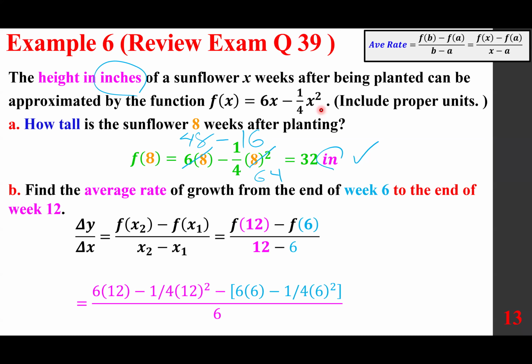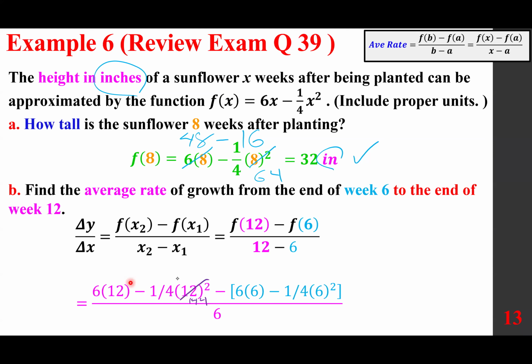So we write this. 6 times 12 is 72. 12 squared is 144. 1/4 of that is 36.